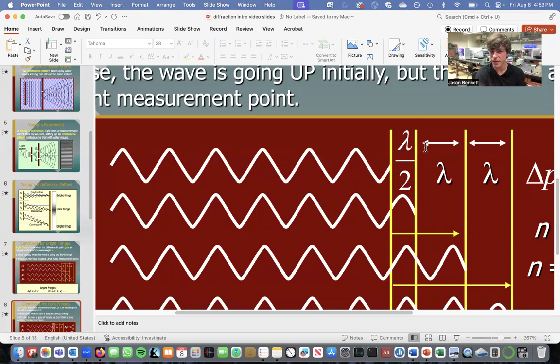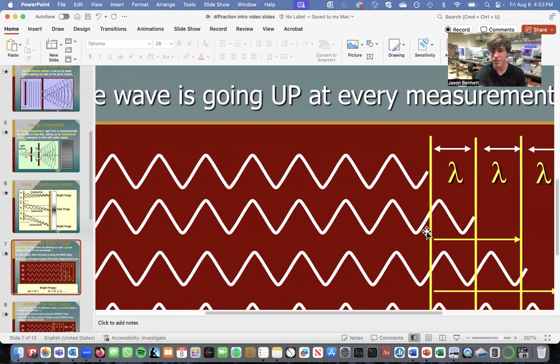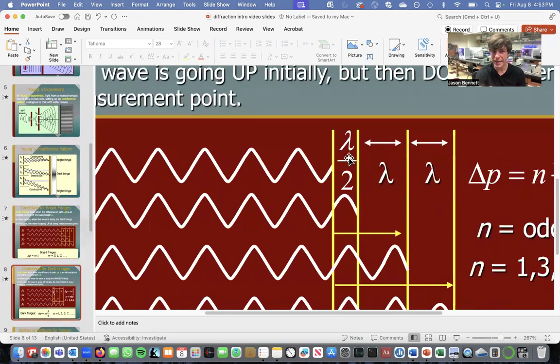Because this line right here is half a wavelength. If we were to measure it instead here, that would be the full wavelength that we saw on the previous slide. See, it has an entire wave up, down, up, doing the same thing again. So it begins at half a wavelength of difference. And then if we measure from that location, it's a whole wavelength between those.